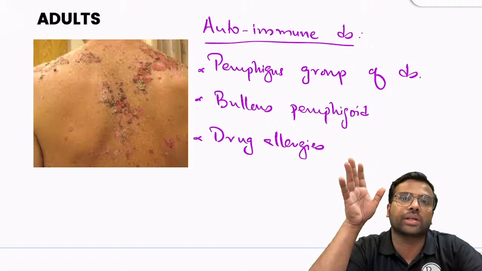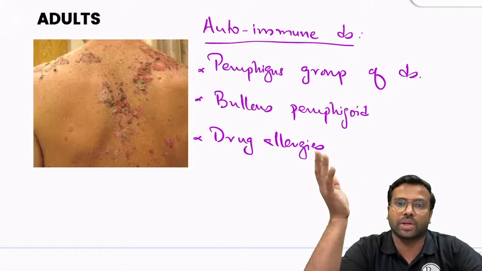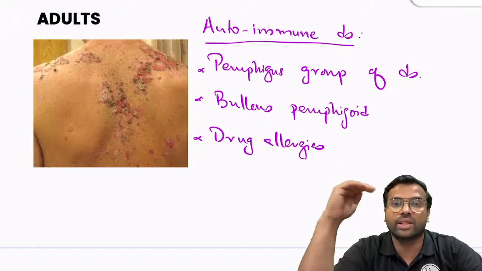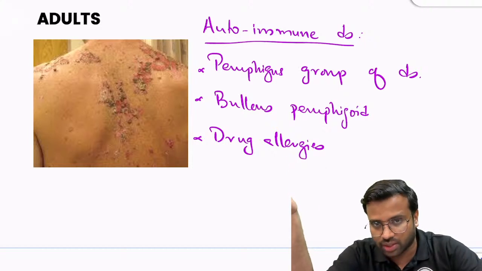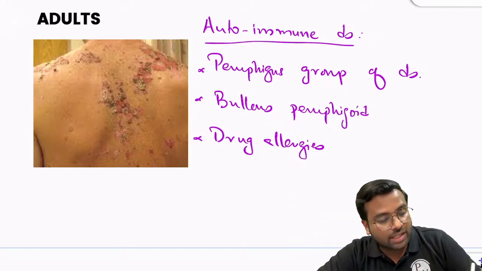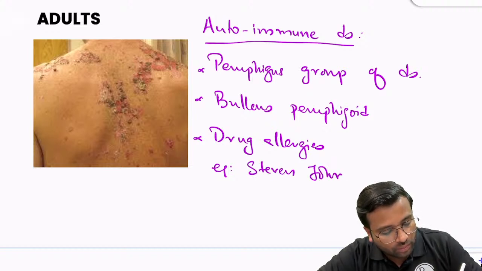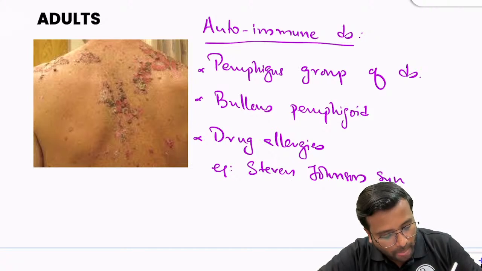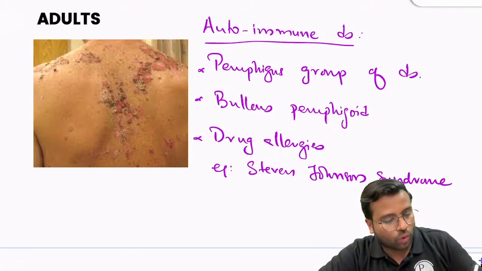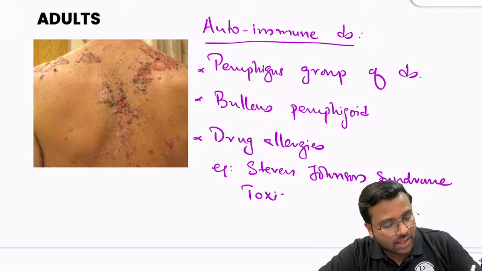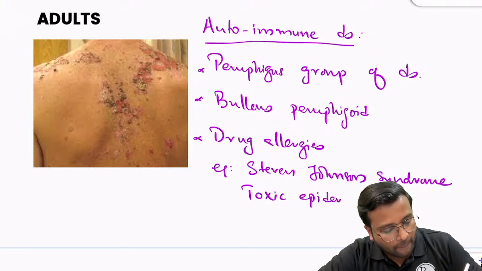When you see the patient, it looks like a burns patient. That is a very, very severe type of drug eruption. In such cases, you call it Stevens-Johnson syndrome, or toxic epidermal necrolysis.